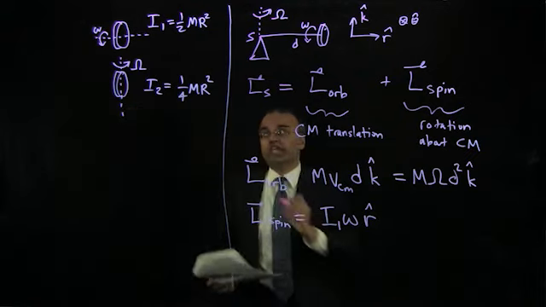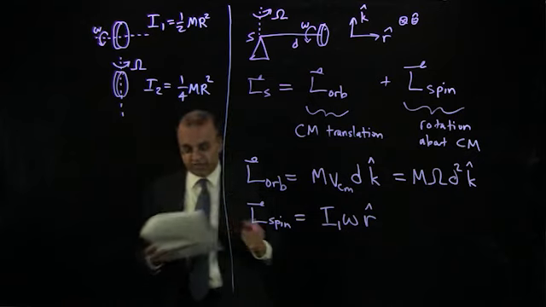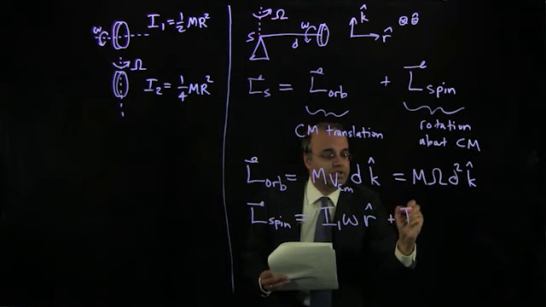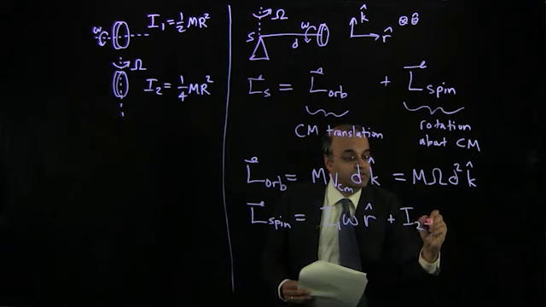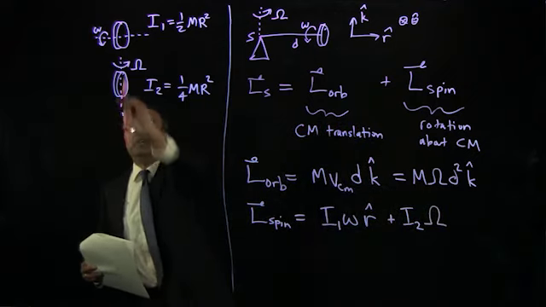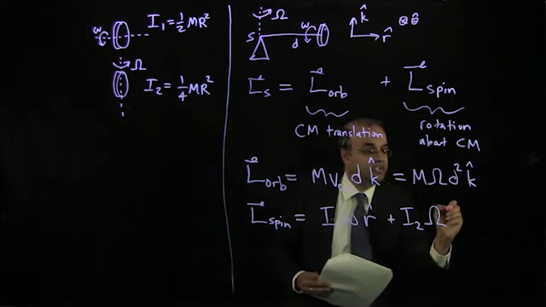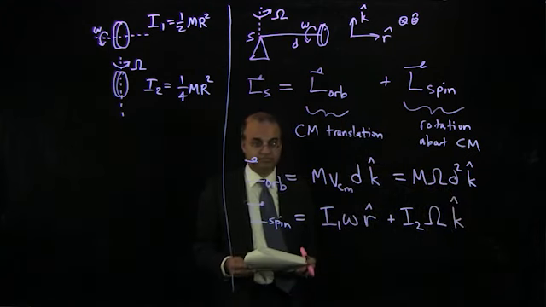And so there's an additional angular momentum term arising from that rotation, and that's equal to I2 times the angular velocity of that rotation, which is capital omega. And because the axis there is the z-axis, this is pointing in the k hat direction.